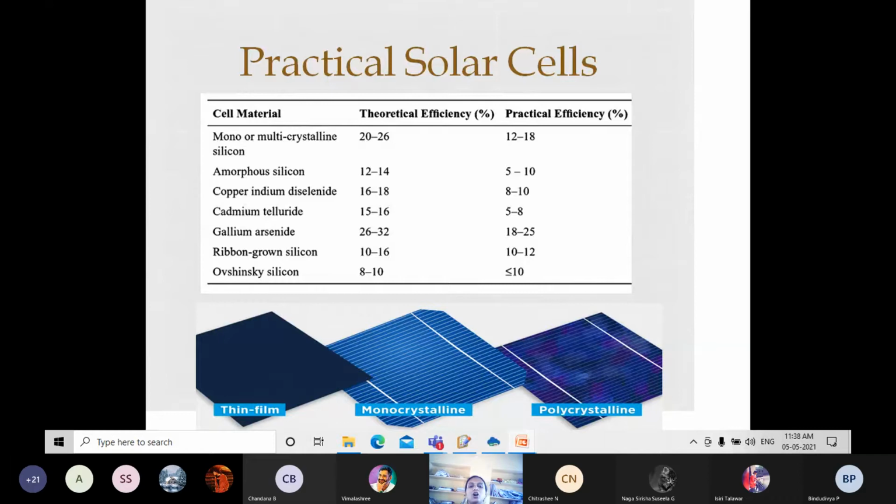When you compare with the normal cell material, mono or multicrystalline, the theoretical efficiency is 20 to 26%. But in practical efficiency, you will get only 12 to 18%. Next, amorphous silicon. Here also, compare the theoretical and practical efficiency.